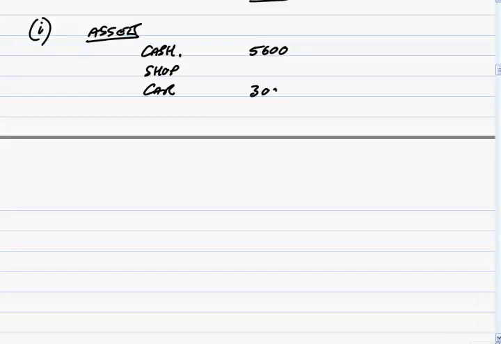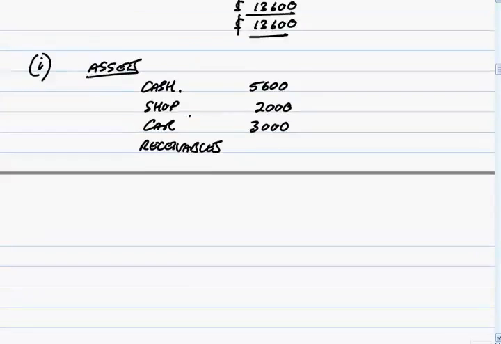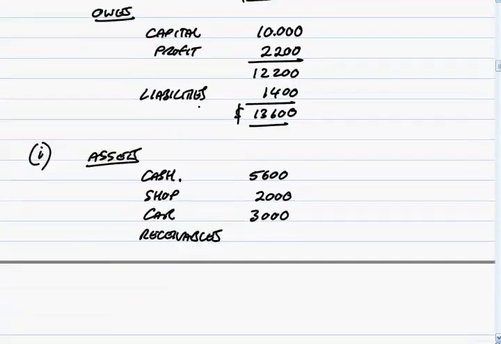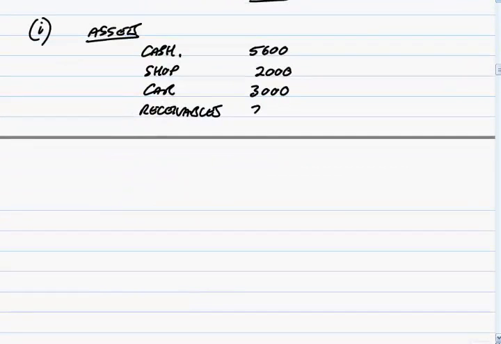The shop was 2,000. And we've still got the receivable. The customer still owes us that 2,800. And so the total assets, 7, 10, 12, have fallen to 13,400.